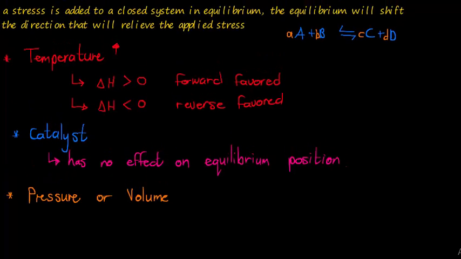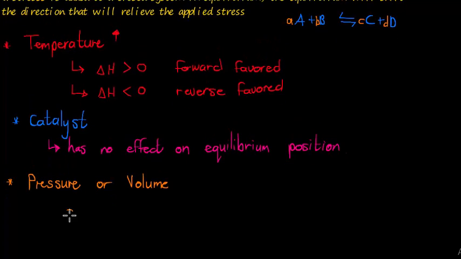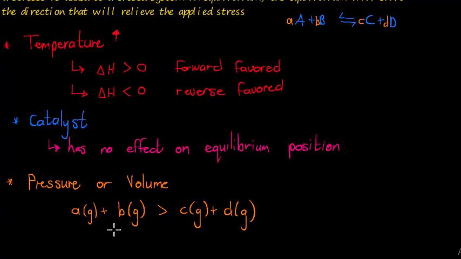Okay, if A gas plus B gas is greater than C gas plus D gas. Okay, what I mean by this is I'll only look at the coefficient of the compound if that compound is a gas. Okay, I'll give you some examples in a minute.